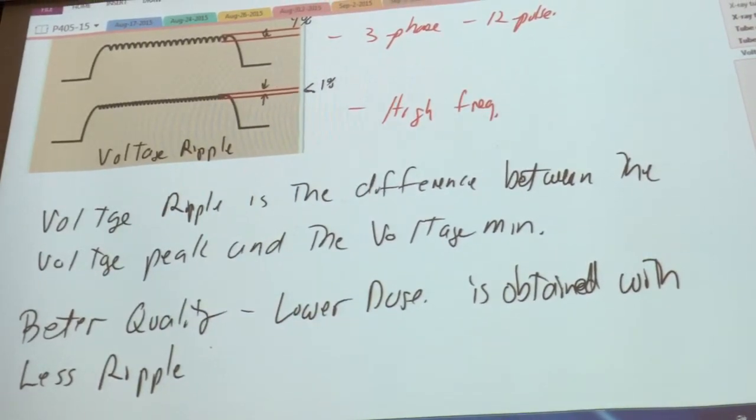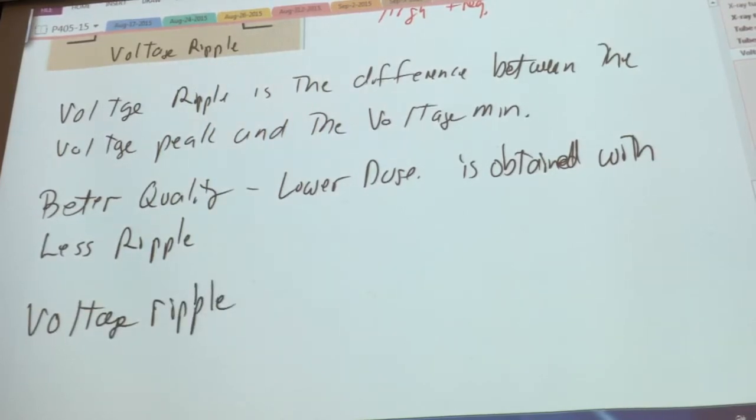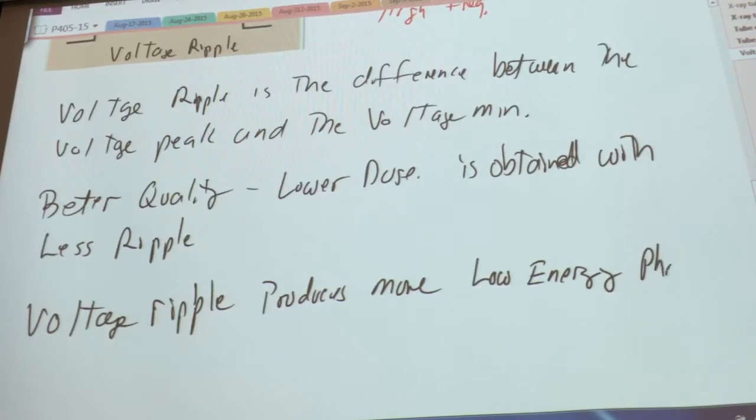Voltage ripple produces more low energy photons. All right, that's enough of voltage ripple. Any leftover questions about voltage ripple?